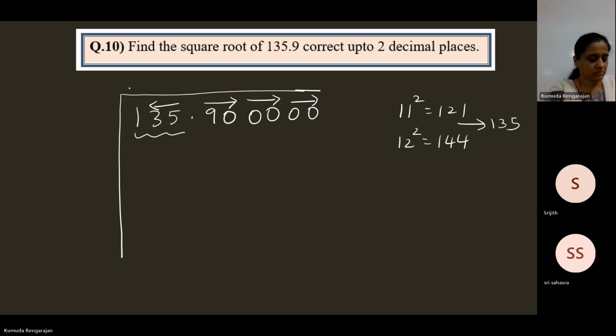11.657. 11.66. 11.67. 657. 11.65. Let the others finish. Yeah, what's the remainder?